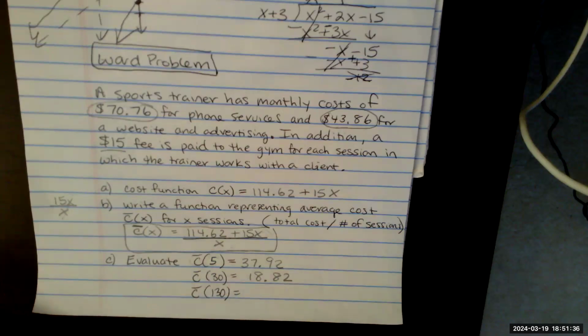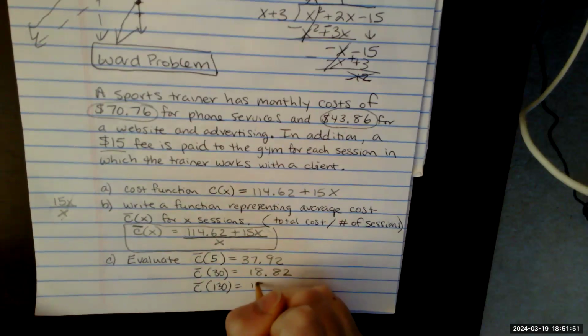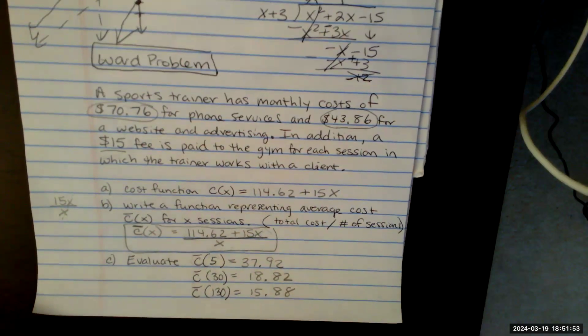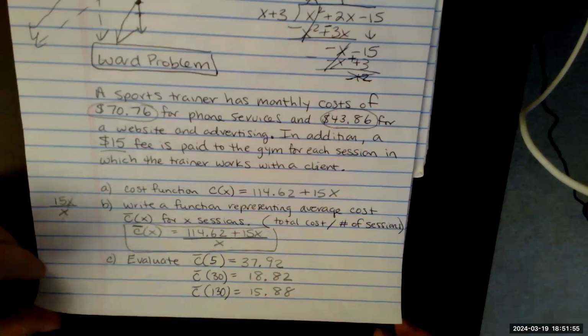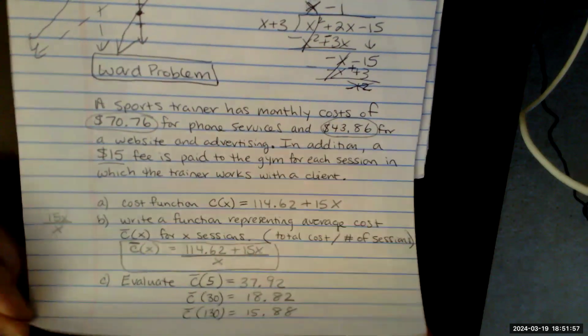And finally, I'm going to plug in 130, so it should get even smaller. But there's going to be a limit to how small it can get. $15.88. So it got smaller like we thought it would.